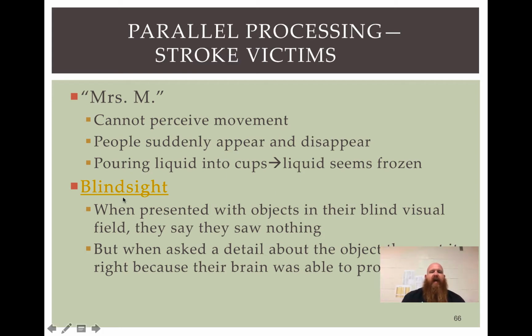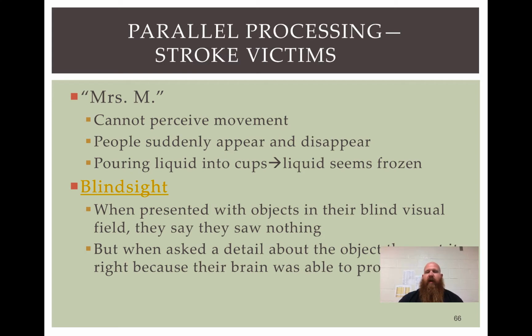And then blindsight, when somebody will put something in front of their eyes and then move it. People will say, well, I never saw it. Well, they may not have seen it because they couldn't perceive the fact it was moving and then gone. But when asked a detail about the object, they get it right because their brain was able to process it.